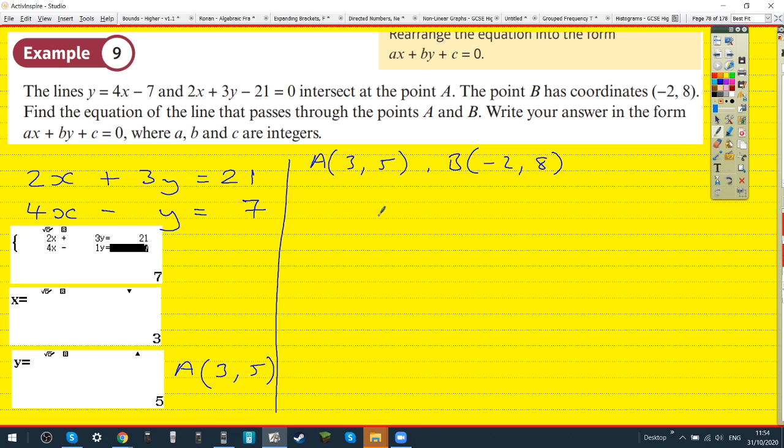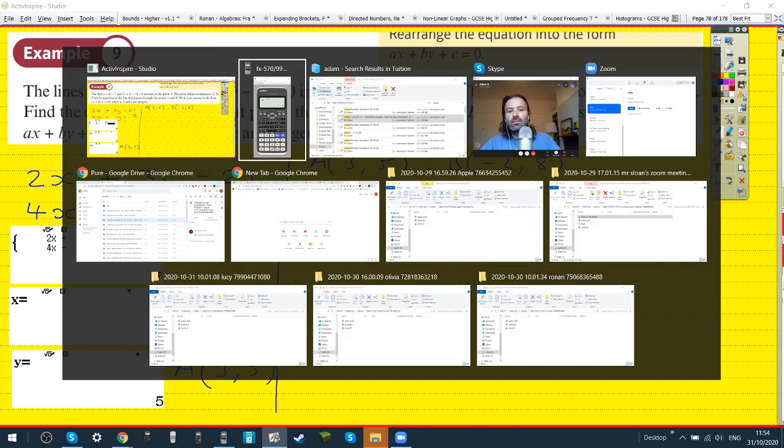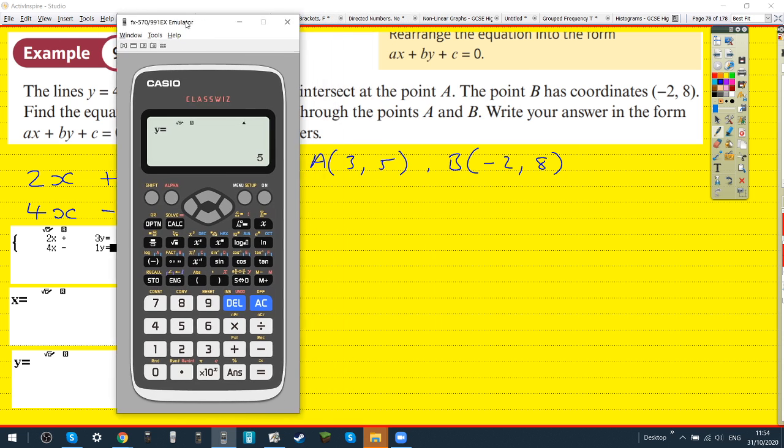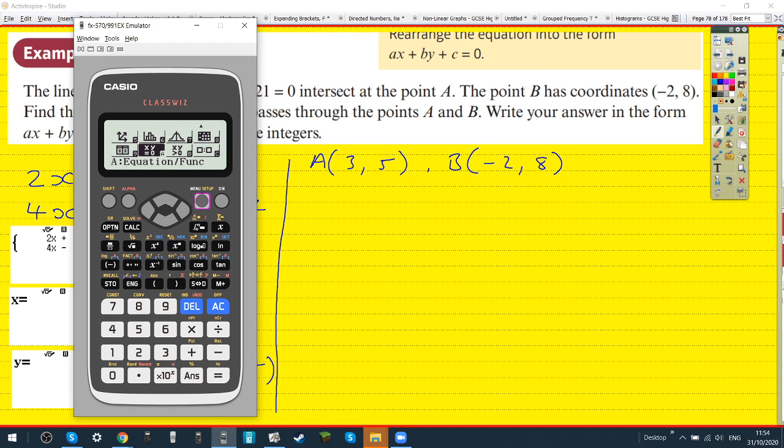So m equals 8 minus 5 over minus 2 minus 3, which can you work it out? So m equals minus 3 over 5.